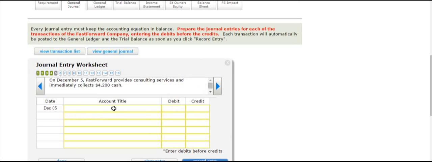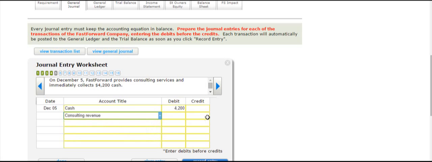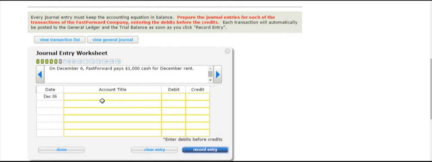Go to the 5th, collects cash, $4,200 for consulting revenue, $4,200. Pays cash for December rent. It would be rent expense, $1,000.